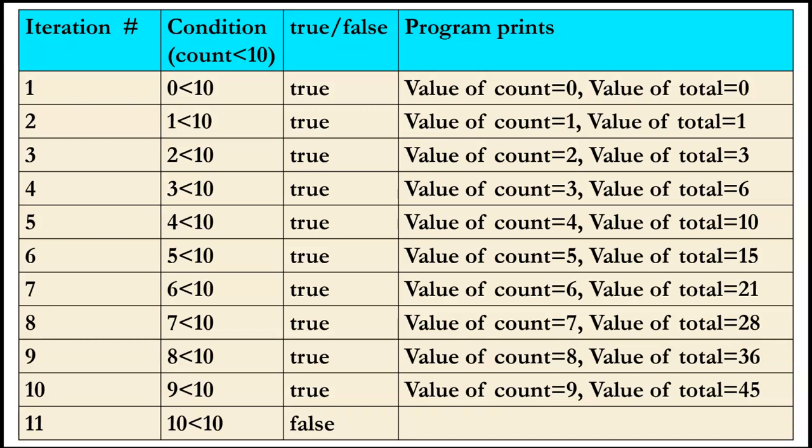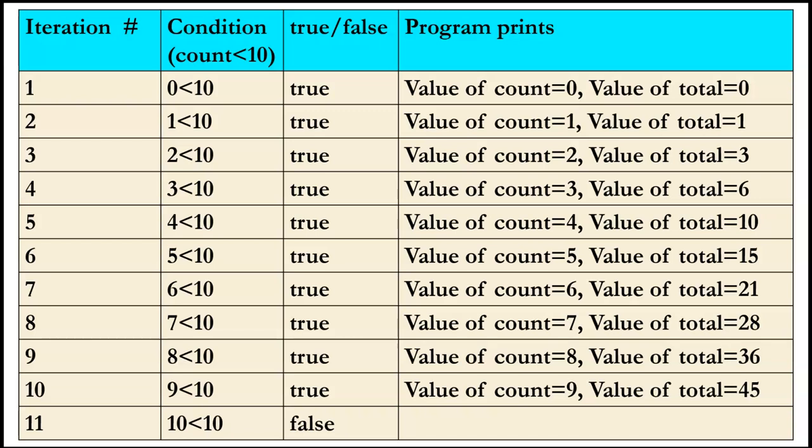Second time through the loop, again the condition is checked, and it is 1 is less than 10, which evaluates to true, and the program then prints value of count equal to 1 and value of total equal to 1. Then the third time through the loop, the condition is 2 is less than 10, which again evaluates to true, and the body of the do-while loop is executed and the program prints value of count equal to 2 and value of total equal to 3.